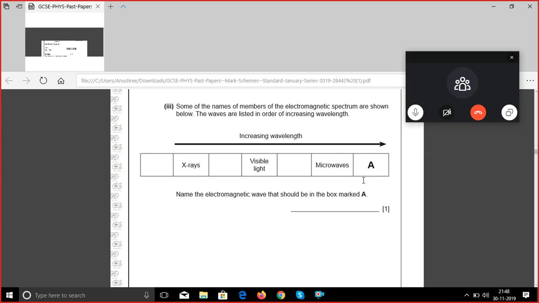Name the electromagnetic wave that should be in the box marked A. Is it gamma? No, they're in increasing wavelength. You tell me which wave has the shortest wavelength and which has the longest wavelength.